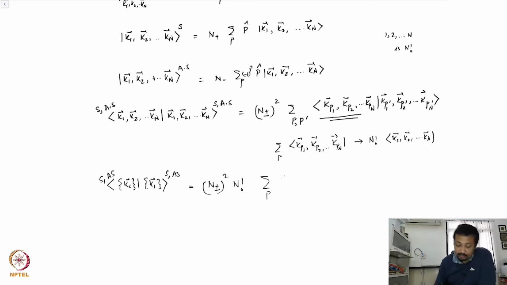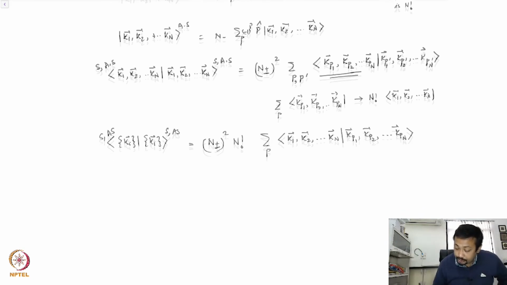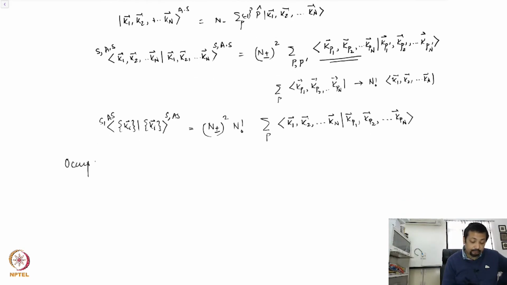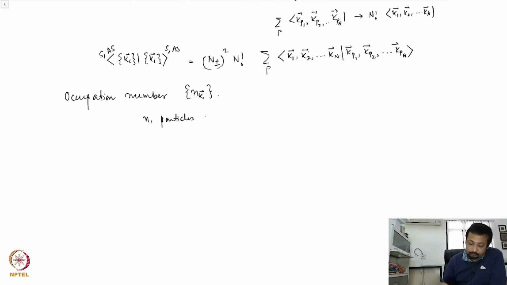I'll be left with just one sum, of k1, k2, kn with kp1, kp2, kpn. So now we bring in the concept of the occupation number n of k, which means that there are n1 particles in k1, n2 particles in k2, and so on and so forth.